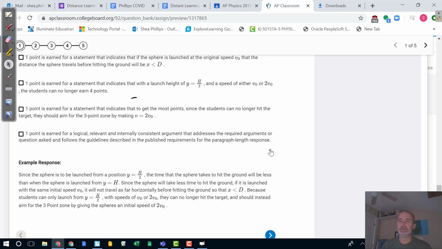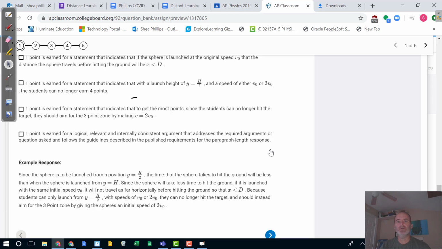In ours, the way I would do it is I would actually show these equations, and the equations are a justified explanation. So you're allowed to put those equations in, and you're allowed to state that. If you want to take the time to read this example response, you can do that.